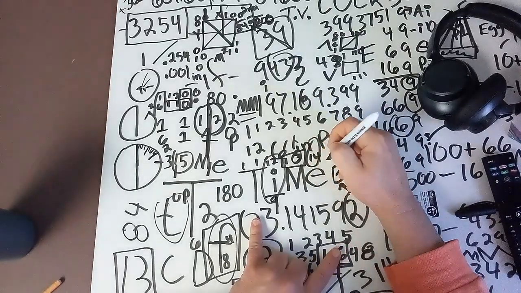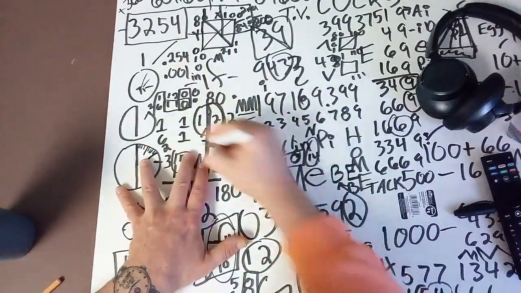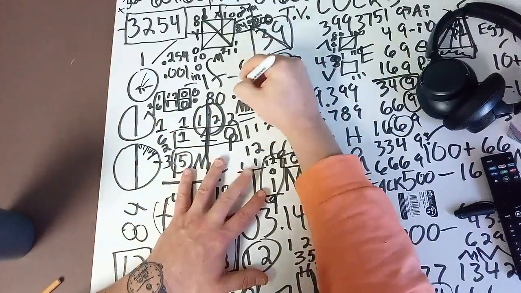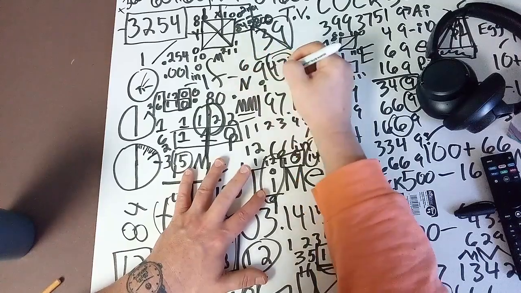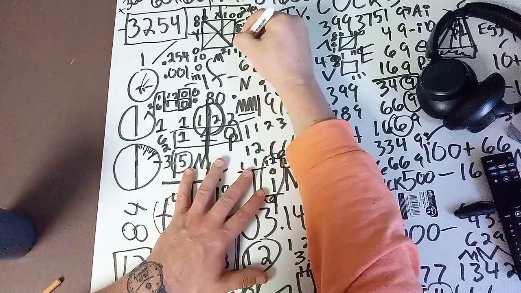Then you got 14, which is N. But we already established 1, 1, 0, 6. So you got 6. And it's technically a lowercase n, which is an upside down U.